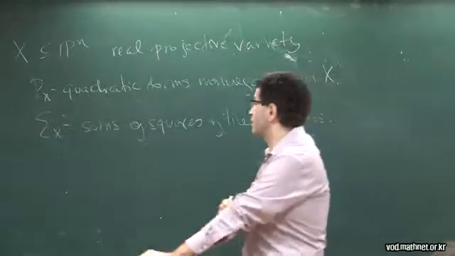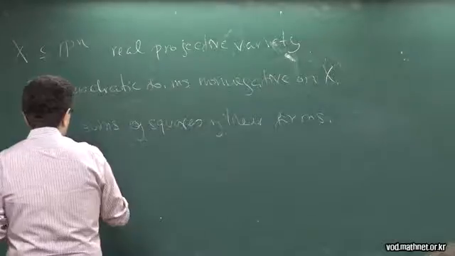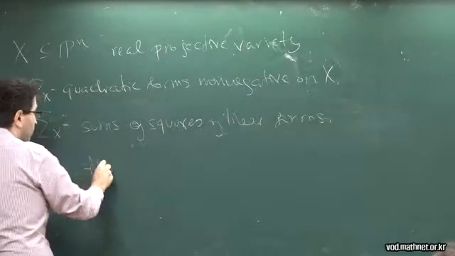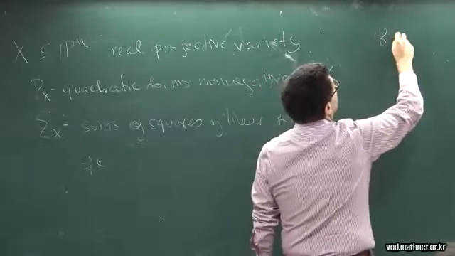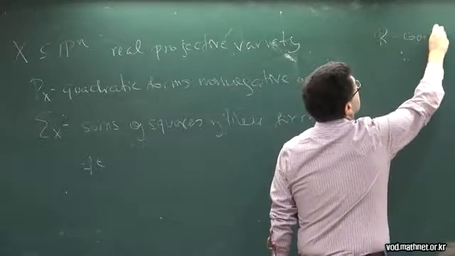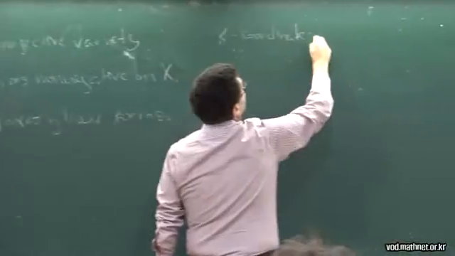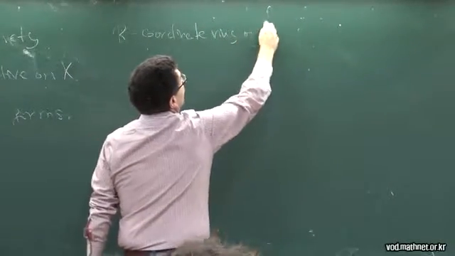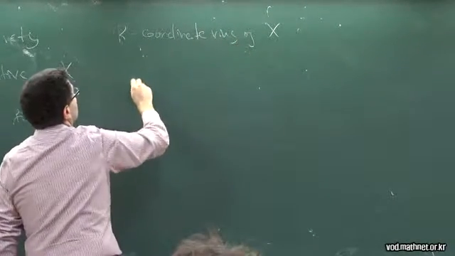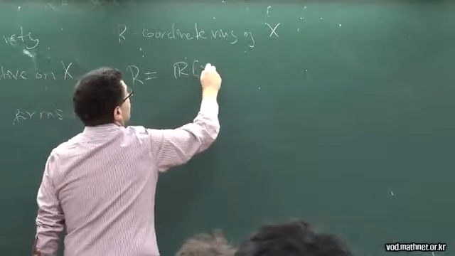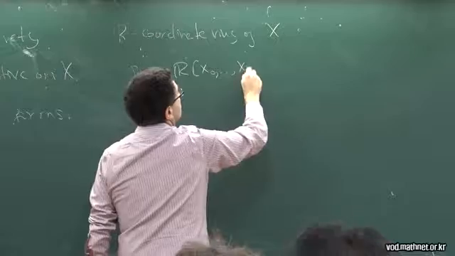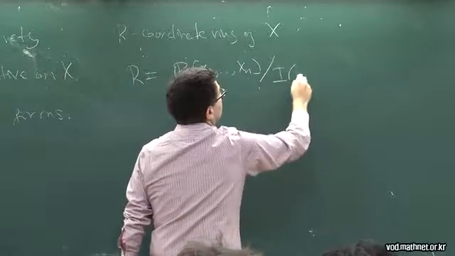And the idea is like this. Let's say I will just write R, the coordinate ring of x. So what is that? That is just R equal to, over the reals, R[x0, ..., xn] modulo the ideal of x.